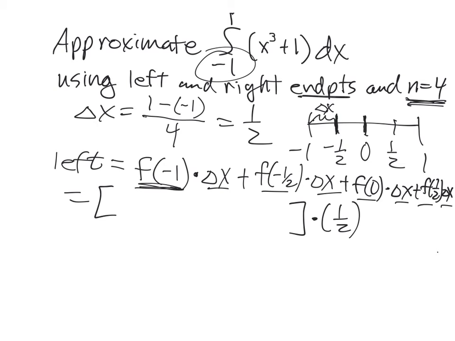So f of -1, well, x cubed plus 1, that would actually turn out to be 0. Okay. Then f of -1/2, -1/2 cubed would be -1/8 plus 1, 7/8.